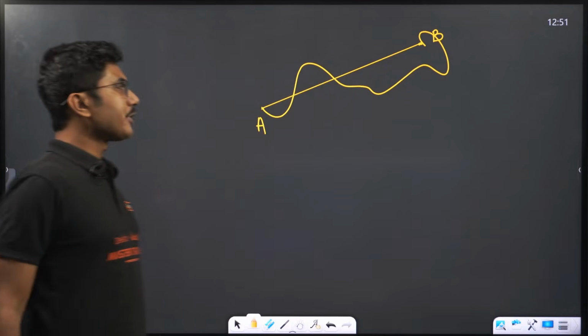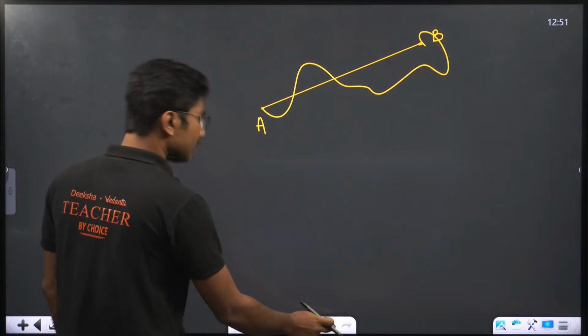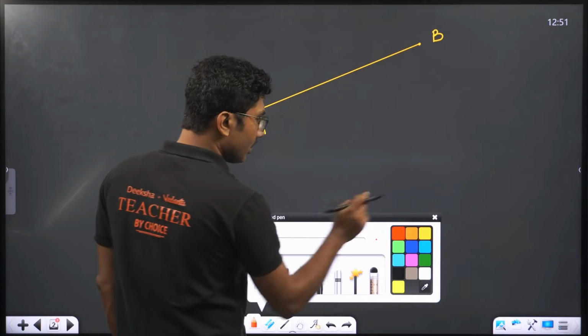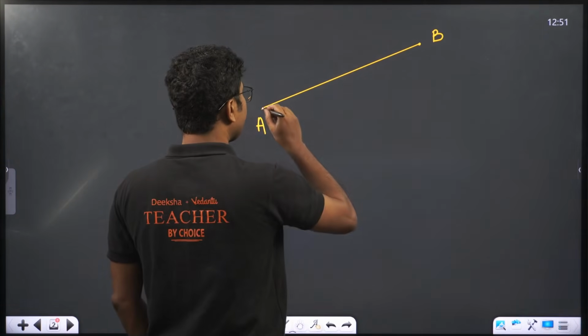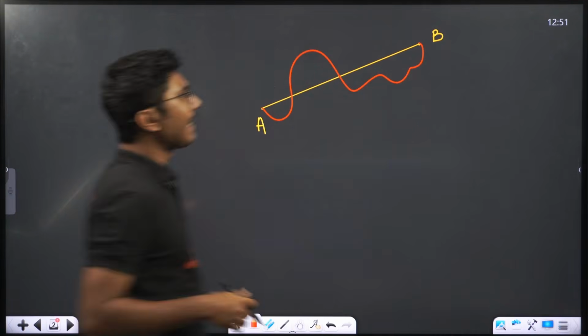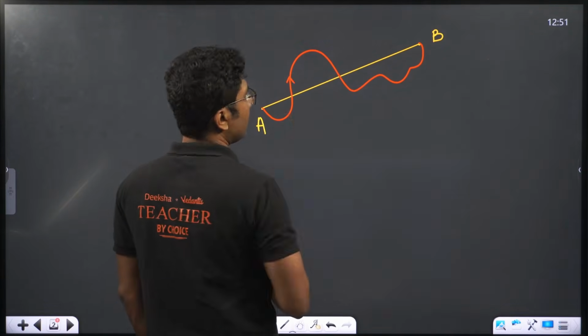So the object actually did not move along this straight line, it moved along a separate line. Let me draw it using a separate color so you don't get confused. So suppose the object traveled like this, okay. It can be any random motion, but this is the actual motion, right?